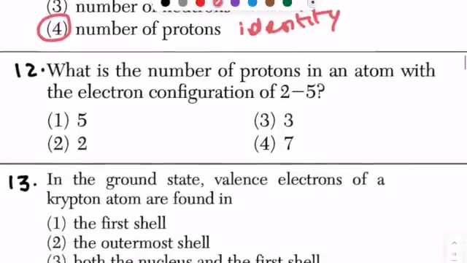What's the number of protons in an atom with the electron configuration 2, 5? So quick reminder on electron configuration, this means we have 2 electrons in orbit number 1 and 5 electrons in orbit number 2. So there are 2 orbits in this atom. So overall, we have 7 electrons.